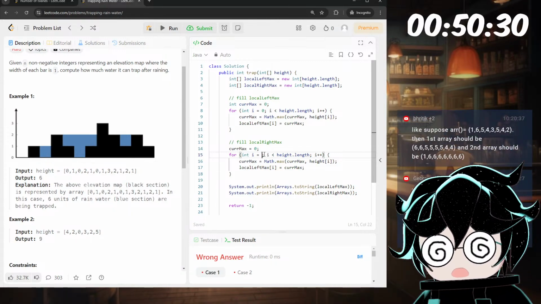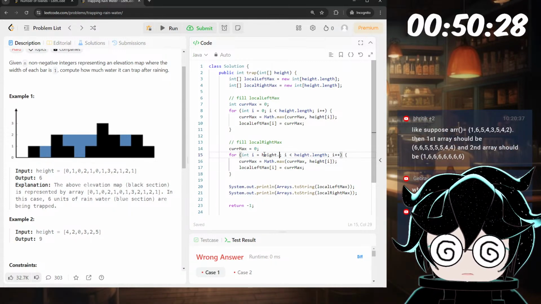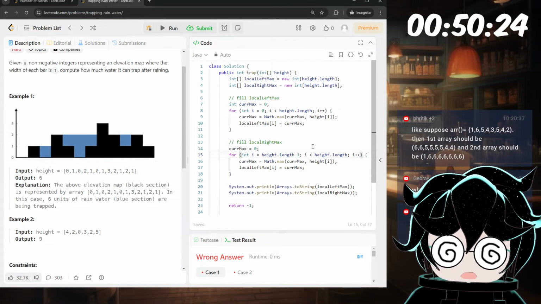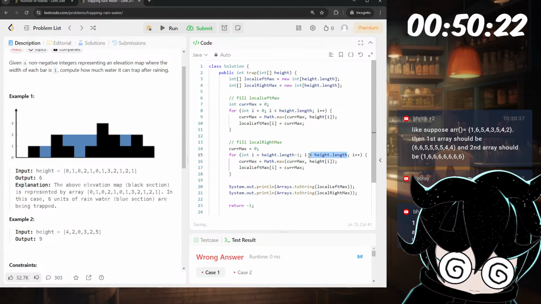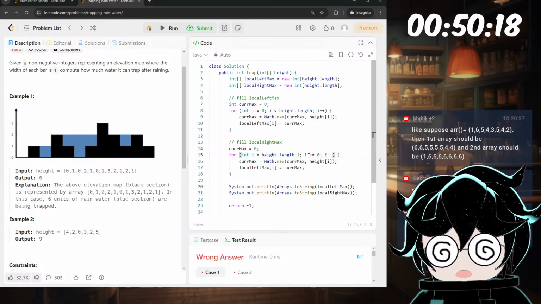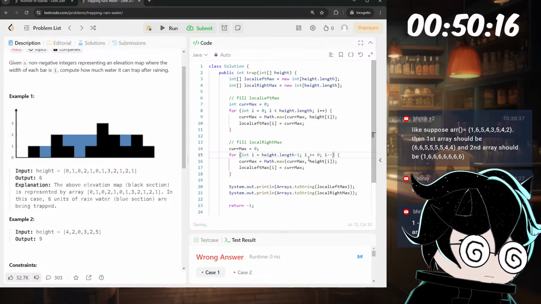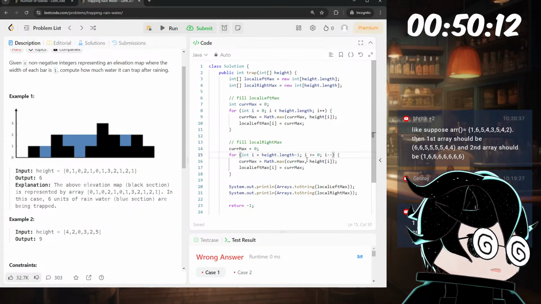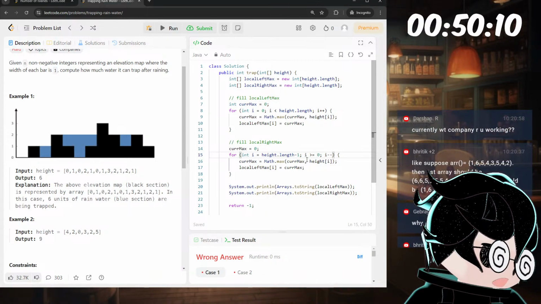Oh wait, I have to do this all again. Height.length, this one, greater than or equal to 0, minus minus.